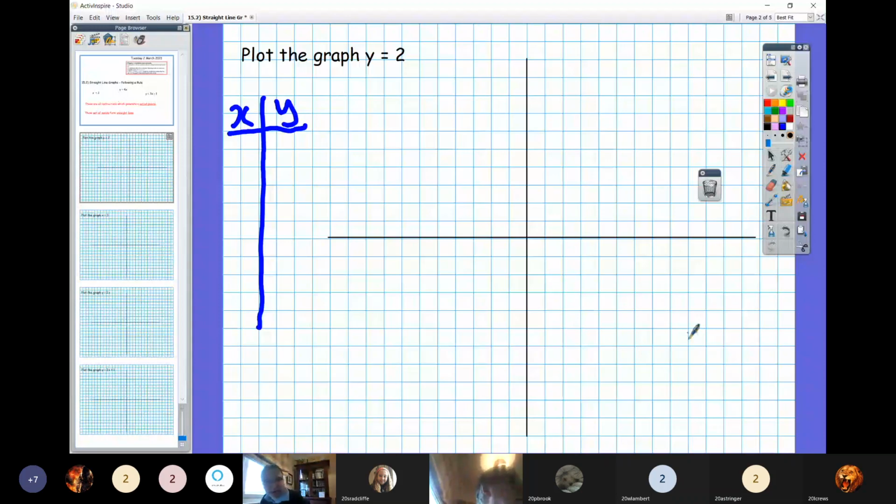So let's see how big the lag is. Oh dear, you can't see it saying 1 and 2. It's still black for you, but I think everyone else can see it saying plot the graph y equals 2, can't they? Probably. It's probably at my end. Can anybody else confirm it's still saying plot the graph y equals 2 for you?